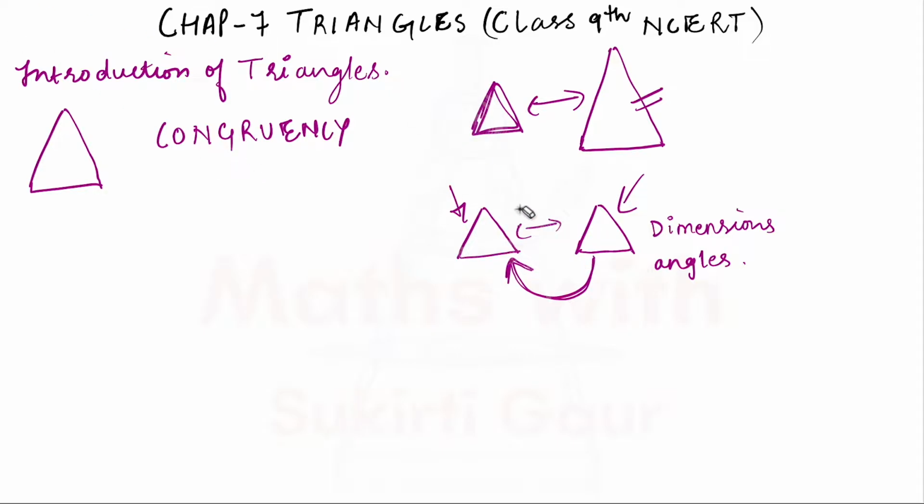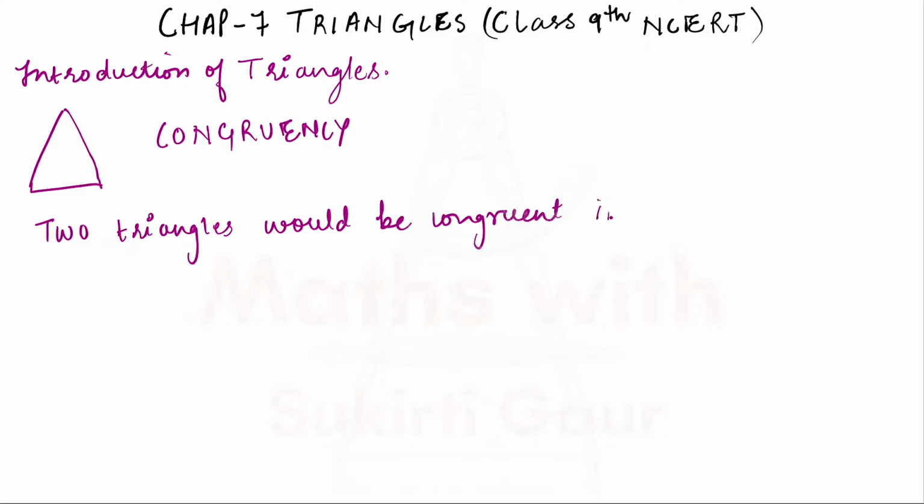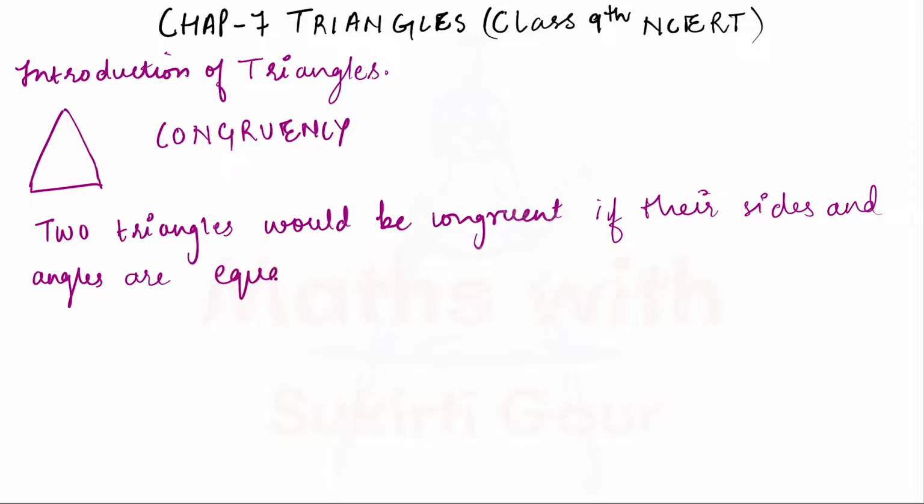So here comes the concept of congruency. It says two figures, or I would say two triangles, would be congruent if their sides and angles are equal, if they are corresponding, meaning with respect to each triangle.